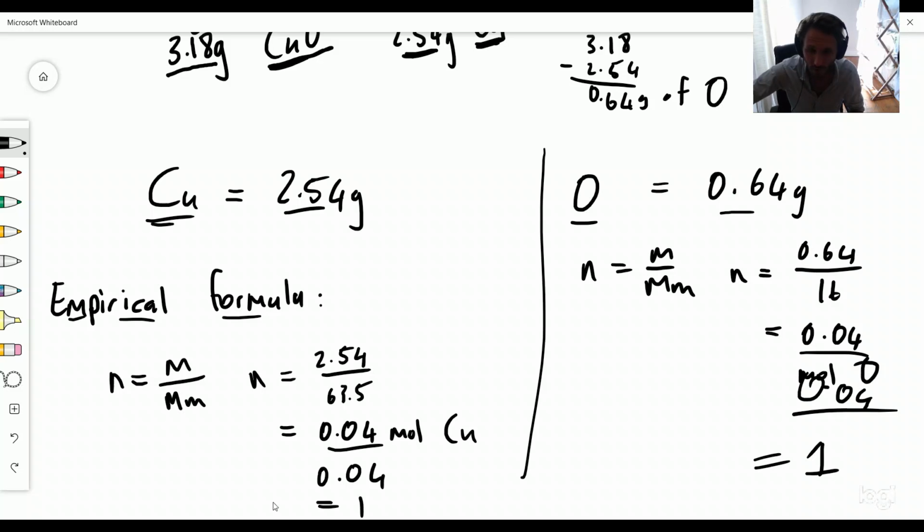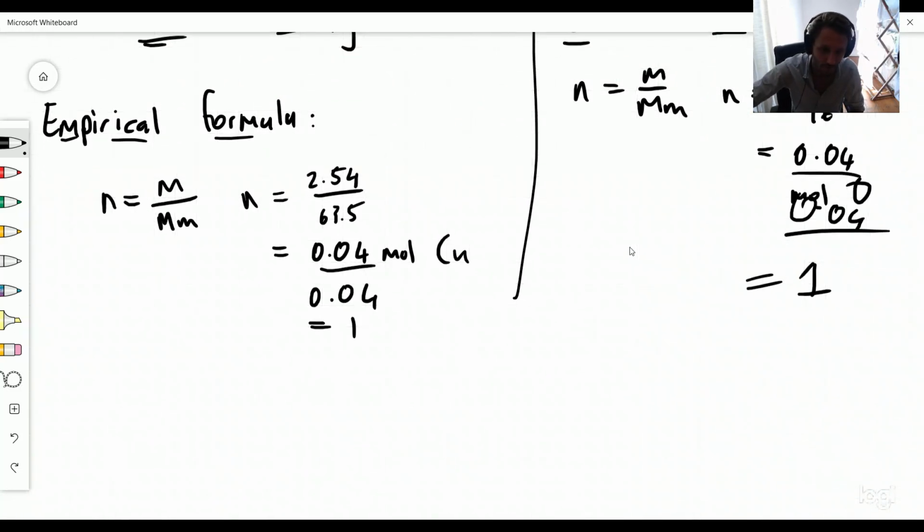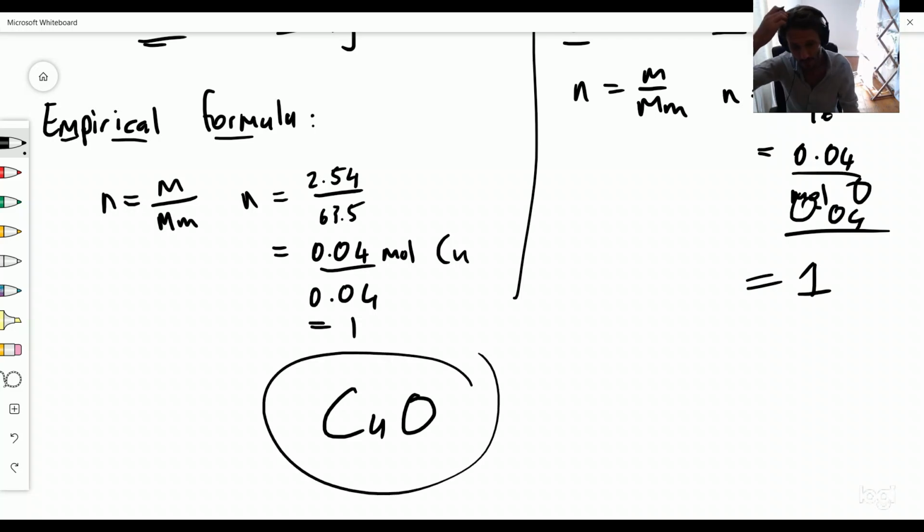So the empirical formula here is going to be copper and oxygen, just one of each. Okay, so that's the experiment, and that's how we get to the empirical formula. I hope it's been really helpful, and I'm going to do one more experiment, and then we are done with working out empirical formulas using experiments.